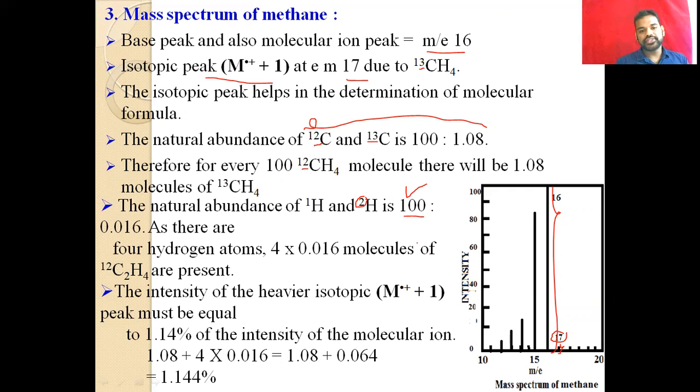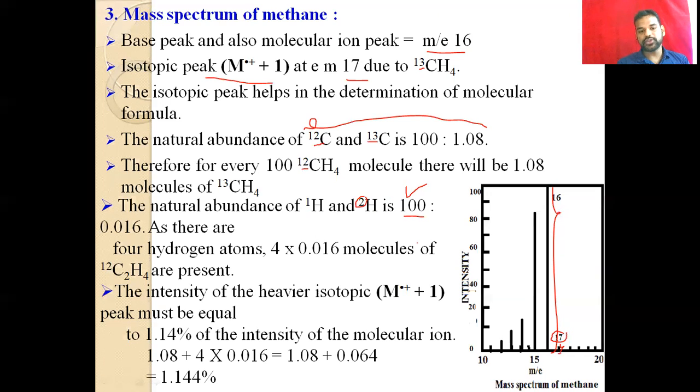So for 4 hydrogen atoms, 4 into 0.016 of CH4 molecules are present. That means each carbon has 4 hydrogens, so 0.016 into 4 means we can expect only about one hydrogen here. The intensity of the heavier isotopic peak, that means M plus 1, is heavier than the molecular mass peak.